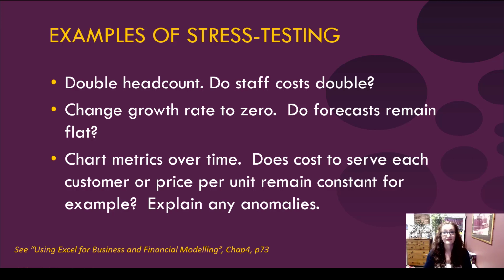So metrics like cost to serve, or price per unit, or profit margin, or return on net assets, or any of these kind of metrics or ratio analysis remain constant over time, and if they fluctuate, then you'd want to be able to explain any anomaly. So this is another really good check that you can do.